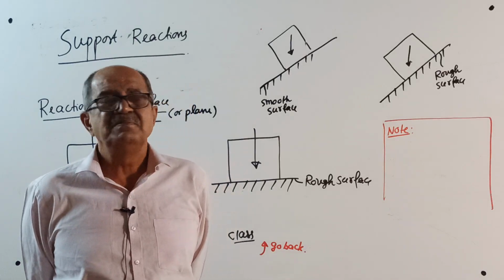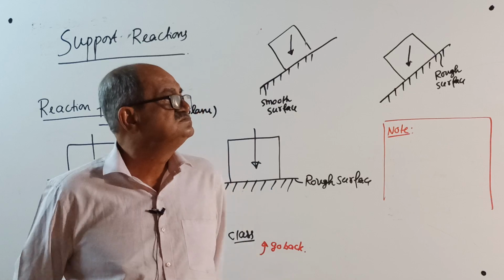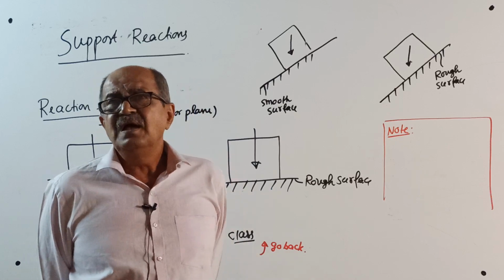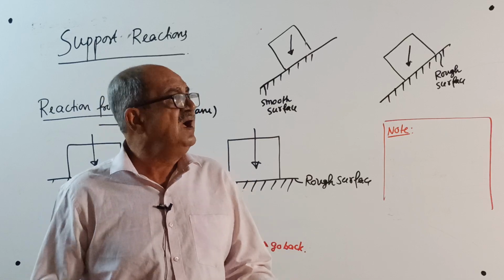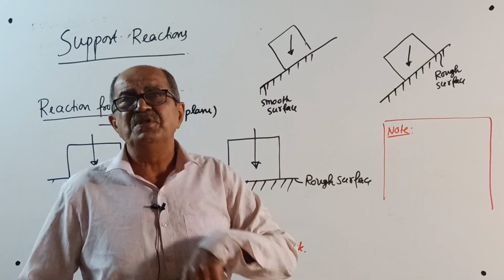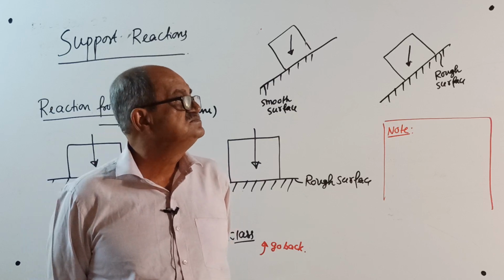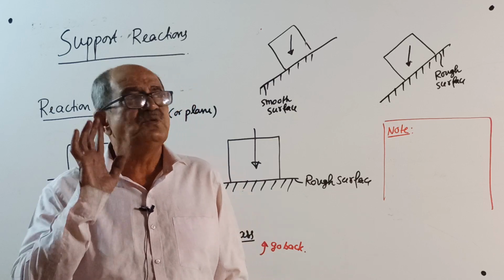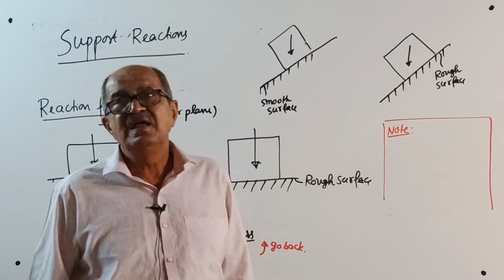I'll give a very simple example for you. Imagine you are going on the road and suddenly, due to some problem, maybe you touched someone, someone is coming to fight with you. That is the action, the effect of loads. Now, the reaction from you. Suppose you keep quiet, say sorry and go.